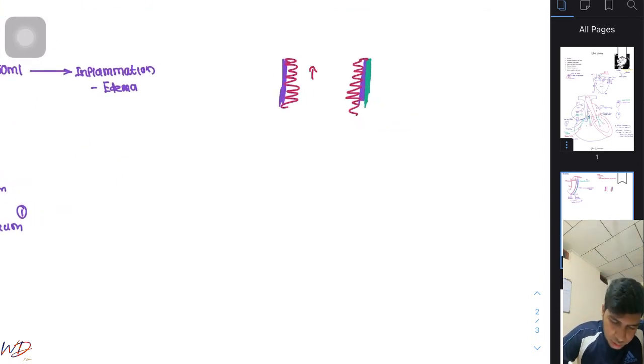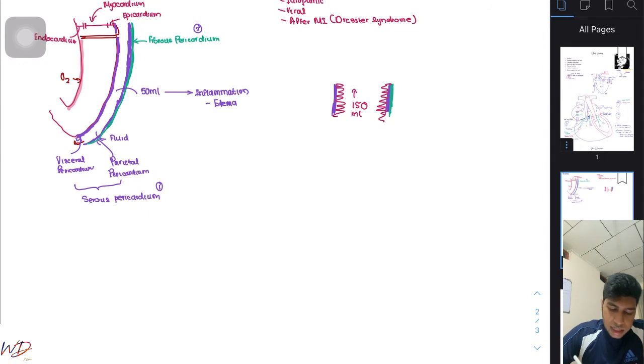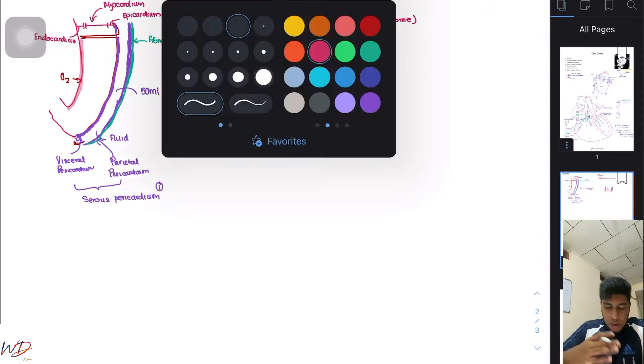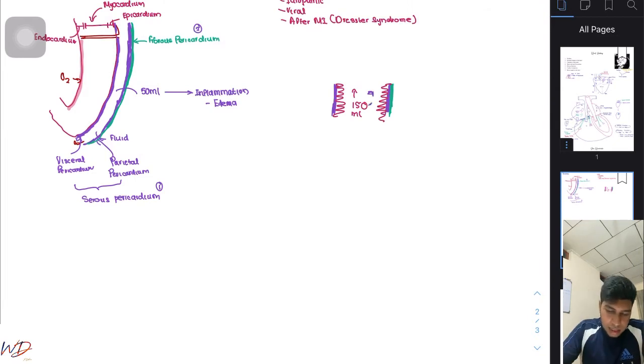Also, there's going to be increased fluid leak here. Let's take the volume to be around 150 milliliters. So this means that the fluid sac the heart is in has expanded.